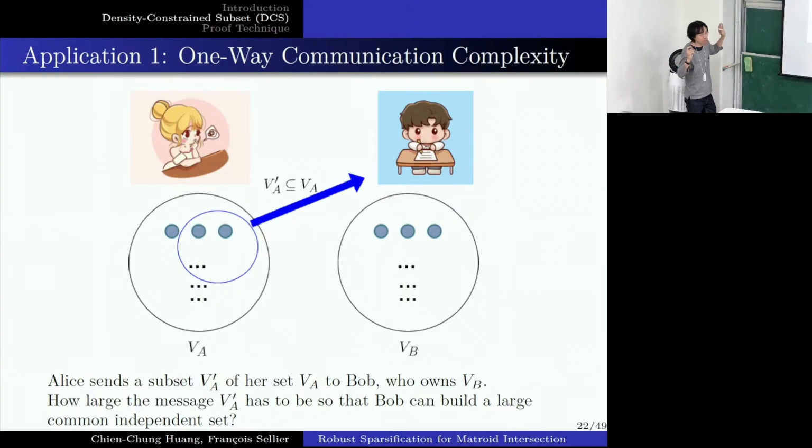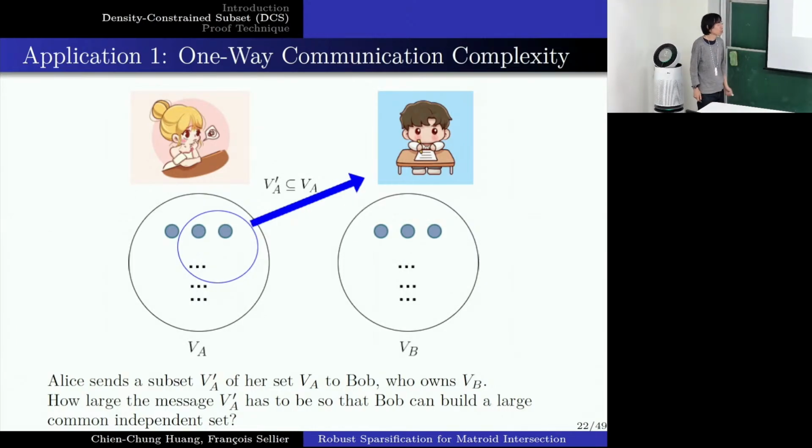Okay, so let me give you the first application, compression complexity. Okay, again, go back to the graph matchings. Imagine I have a graph, and I give a subset of edges to Alice, the other subset to Bob. And now the question is how many edges Alice has to send to Bob, so that Bob can still get a large matching in the entire graph.